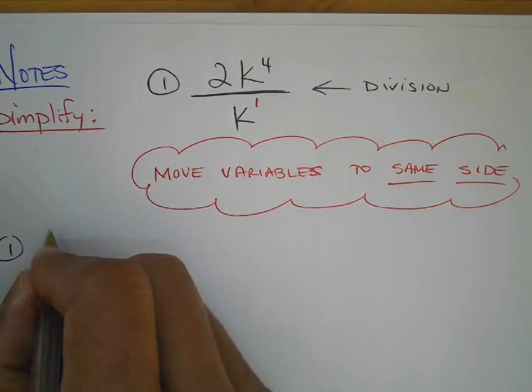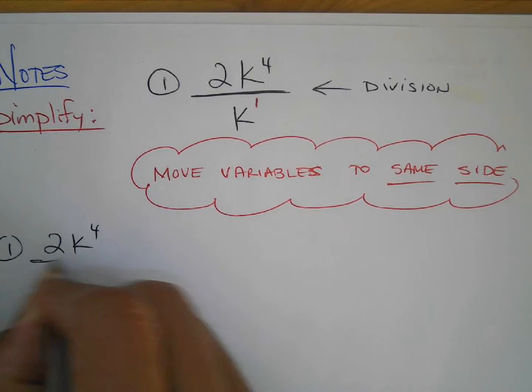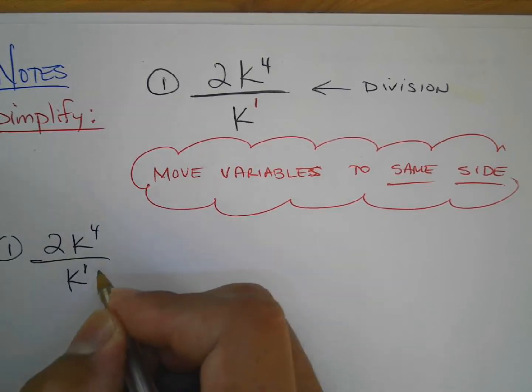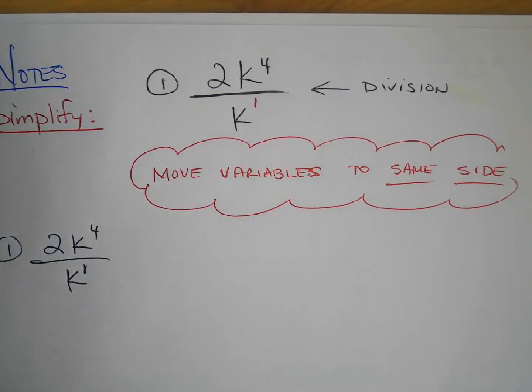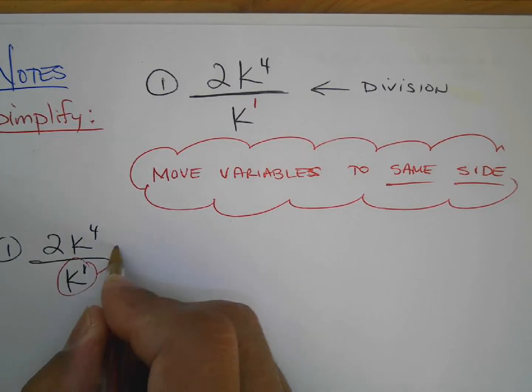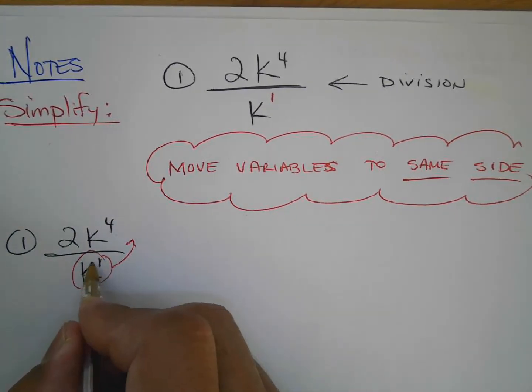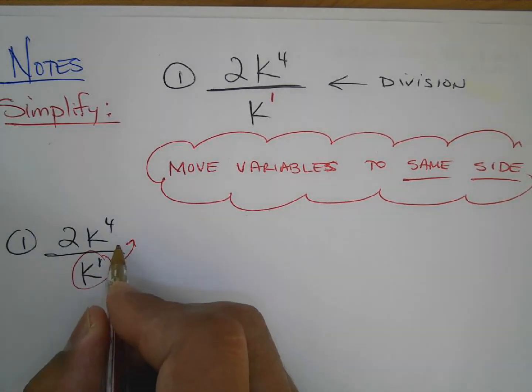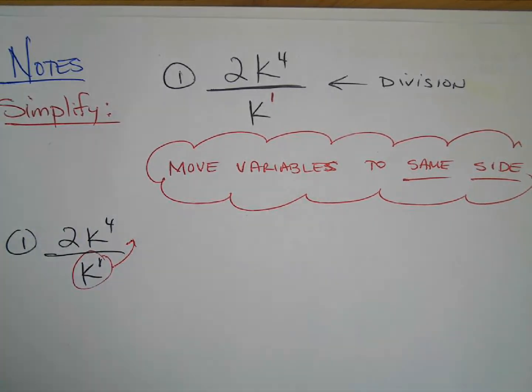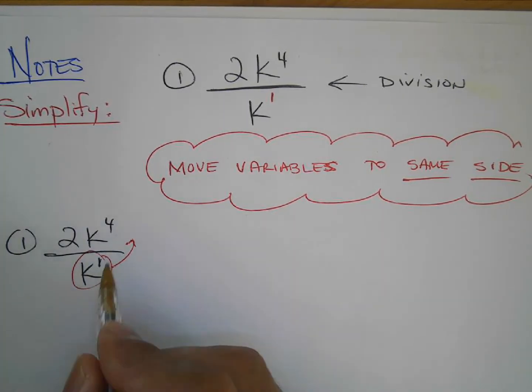So here for number 1, if it says 2k^4 and you have a k^1, I'm going to move the 1 up. Now remember when we move these, like before, if it was a negative exponent and you move it up, it becomes positive. It changes sign. You have to remember to change the sign. Well, the same thing happens here.